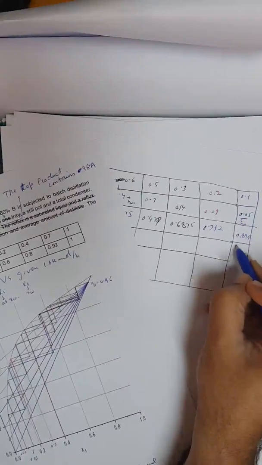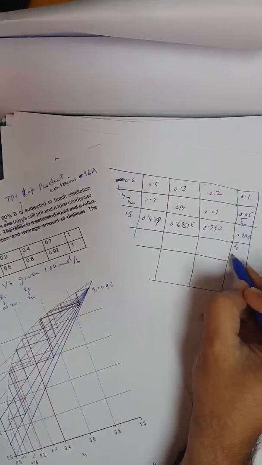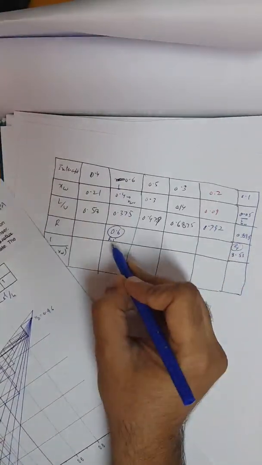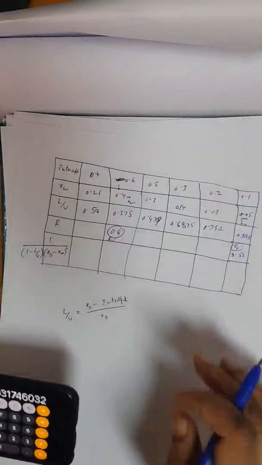So this is your final flux. So it equals 0.895 divided by 1 minus 0.895, so 8.53 is your final flux and 0.6 is your initial flux. So you can easily find the time.